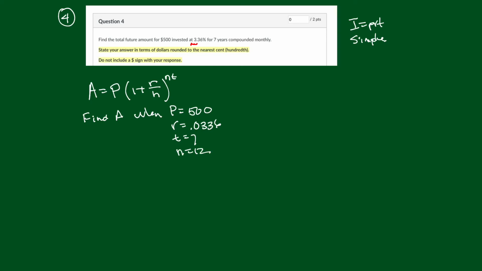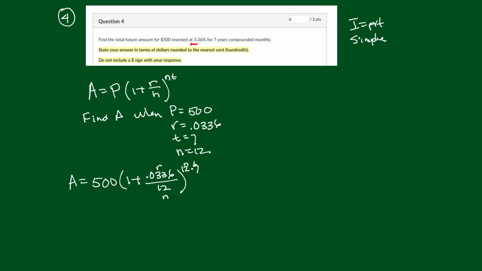N is the number of times each year that you compound. So this is going to be A is equal to 500 times 1 plus 0.0336 over 12 raised to the 12 times 7. This is the N, that's the R, here's the N, and there's the T.